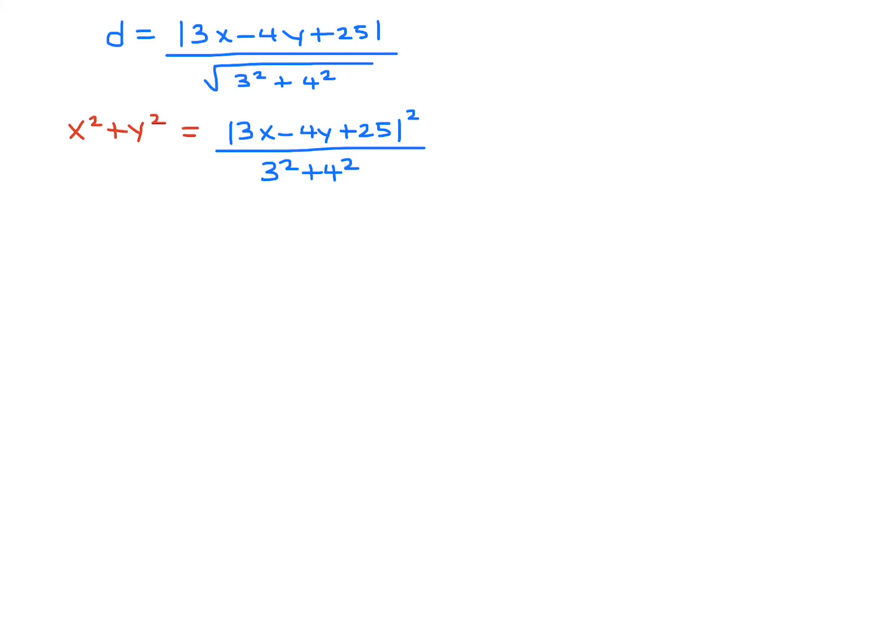All right, we've gone down to a very, very good point in this final question. Now, we have to rearrange this. And you do some algebra to rearrange it. And then when you do, you get the following. You get 4x plus 3y all squared is equal to 25 times 6x minus 8y plus 25.